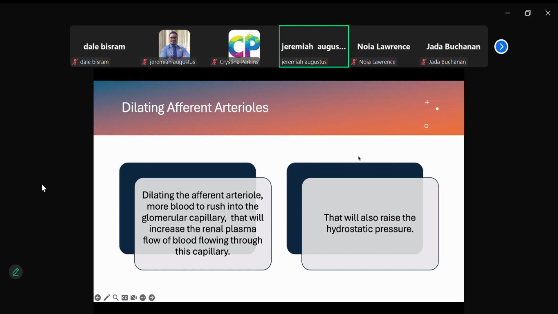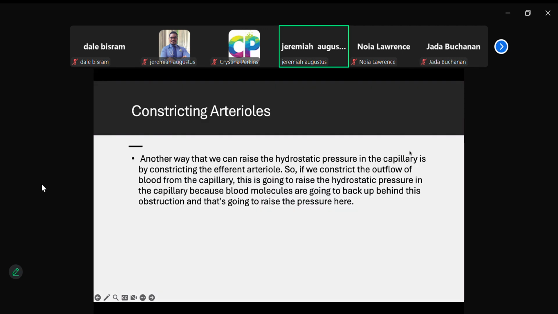Good. Then we could constrict the afferent arteriole, and what happens is that hydrostatic pressure is also raised because we have the same amount of blood coming in, less leaving, increasing hydrostatic pressure, and as a result, you're going to have increased GFR.